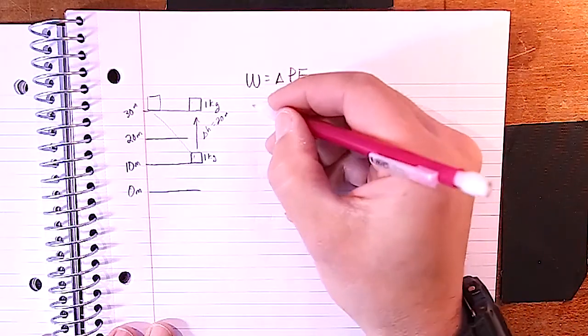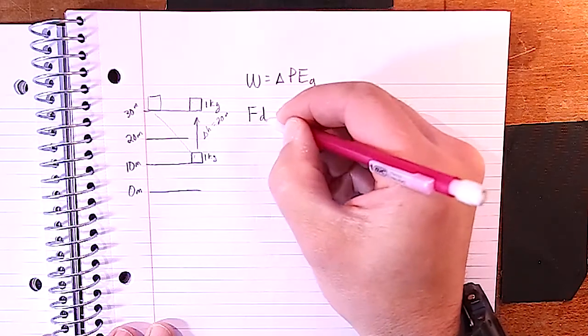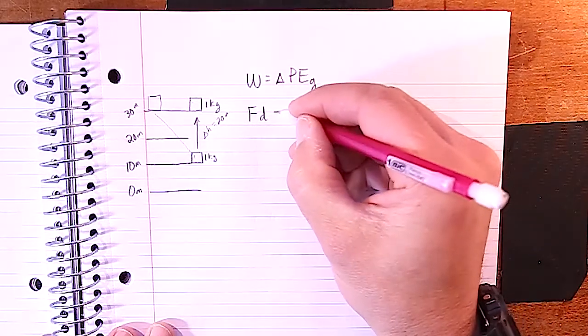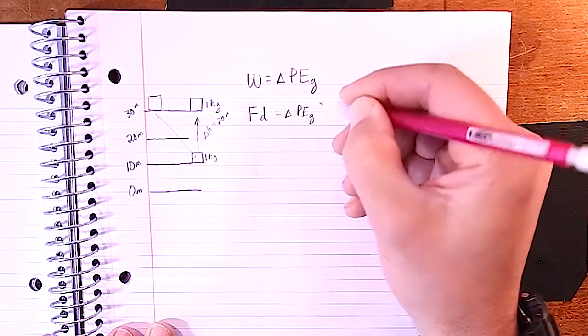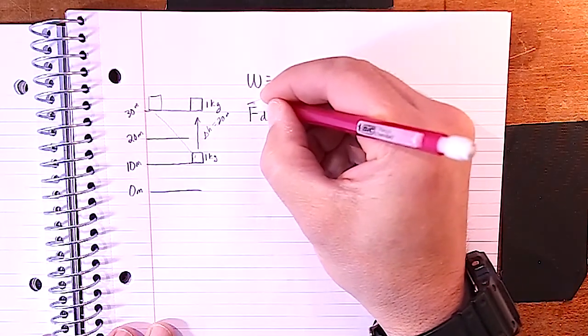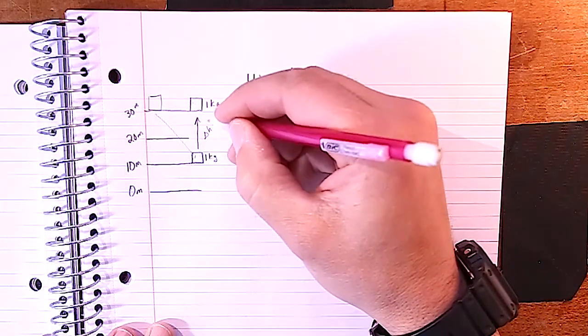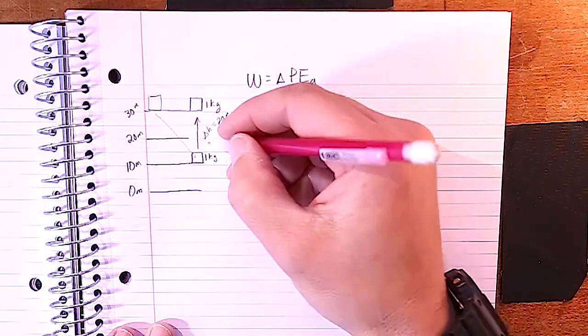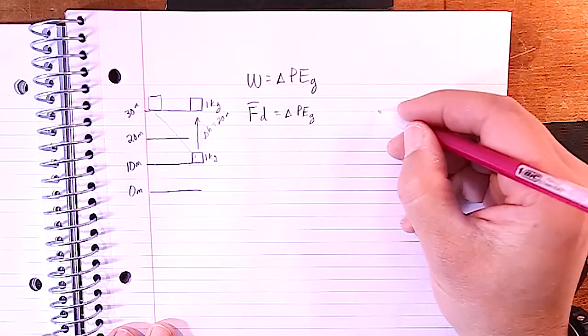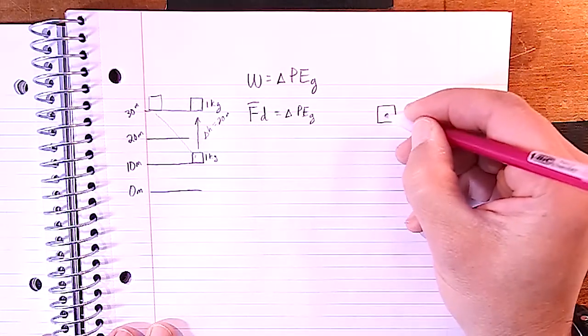So what is Fd when we're dealing with gravitational potential energy? Well, the force that we're exerting is going to be an average force, because we're going to lift it at a nice constant velocity. If we're lifting it at a constant velocity, then what is the force that's lifting it?